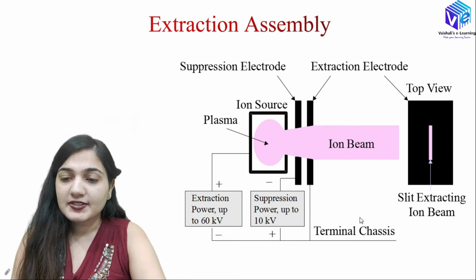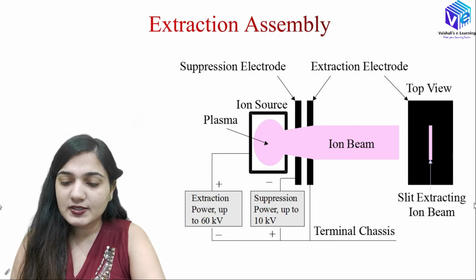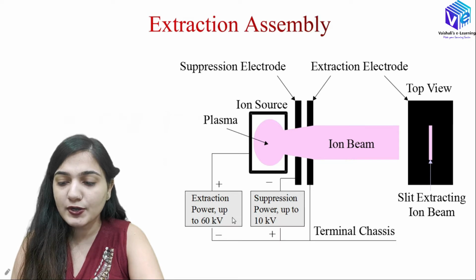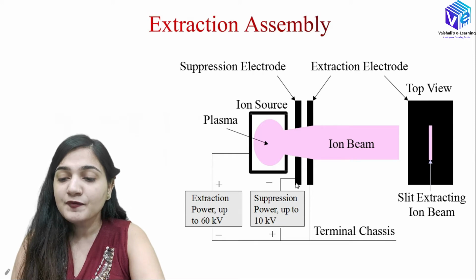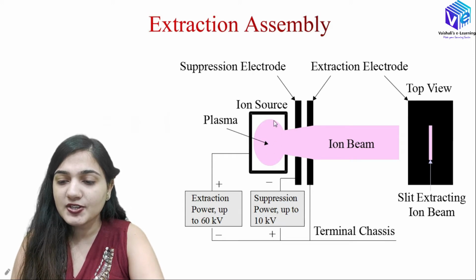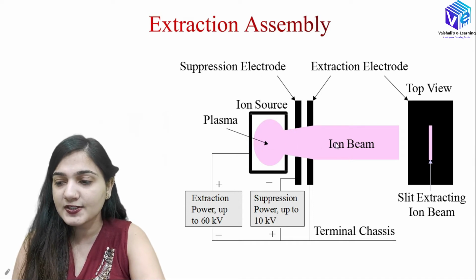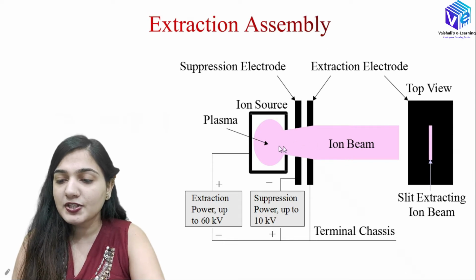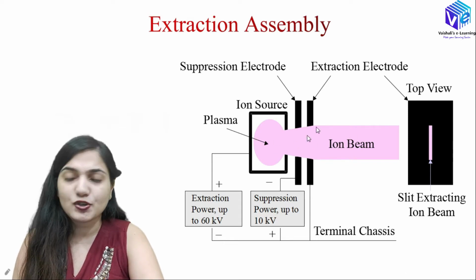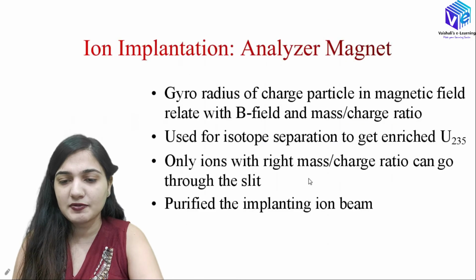Now coming to the extraction assembly. Here we have a power of around 60 kilovolt, which is the extraction power. Here we have the suppression power also. In the plasma we are generating the ions, and due to these electrodes and the power, some acceleration is generated, due to which the ions go out through the extraction electrode. It is the same thing we discussed previously.